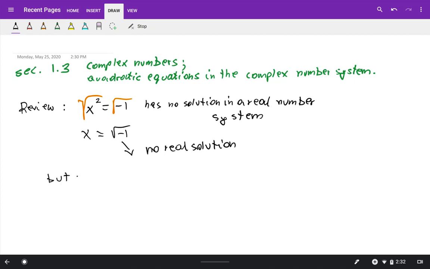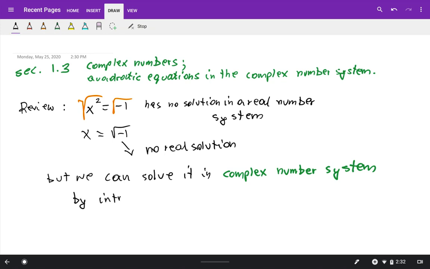However, we can solve this equation in the complex number system by introducing the imaginary unit, which we call i, such that i is equal to the square root of -1 and i to the second power is just equal to -1.